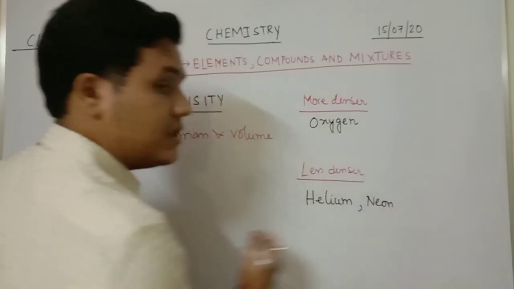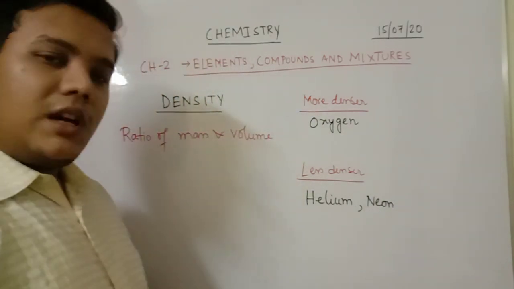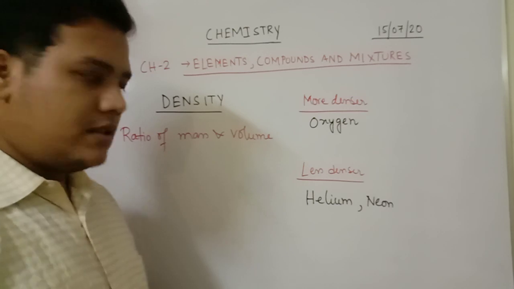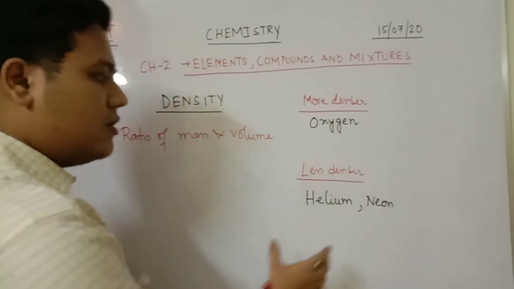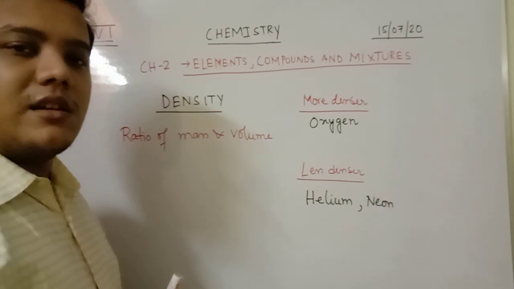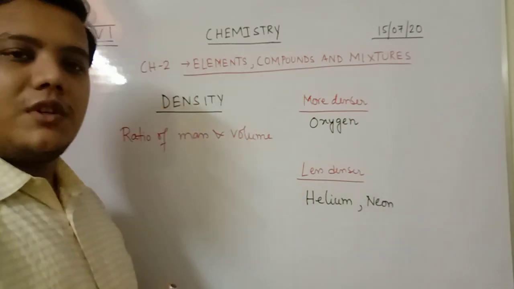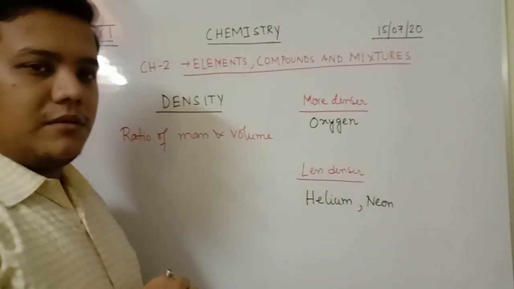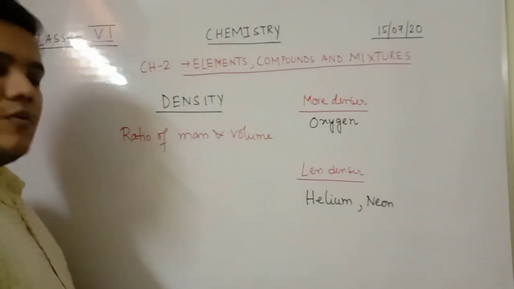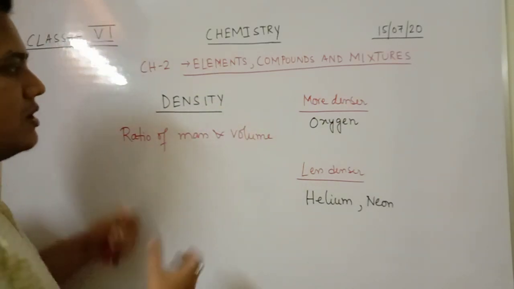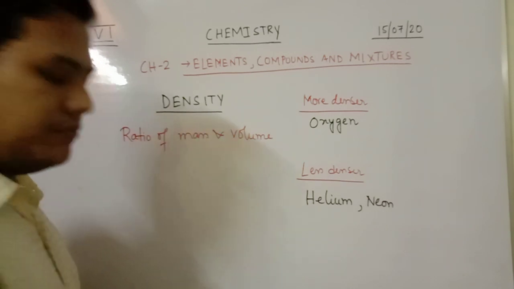You have seen neon watches at home. It glows at night. So these are due to the property of this type of gases. These gases are very, very less dense, and they rise up in the atmosphere very fast and stay there. They do not come closer to the earth's surface. So like this also we can distinguish the elements using the property density.